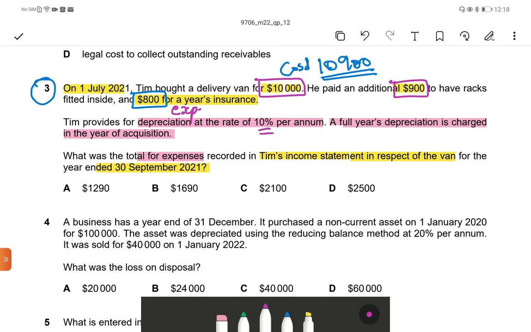So here the depreciation is 10%. So 10,900 multiplied by 10% is equal to 1,090, that is the depreciation, plus the expense 800.